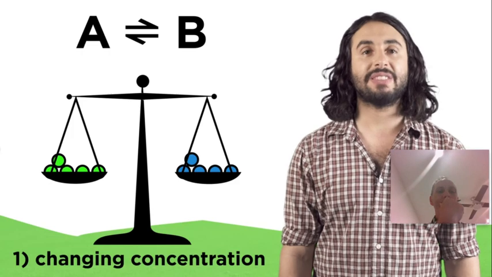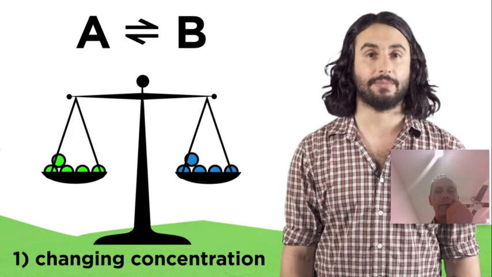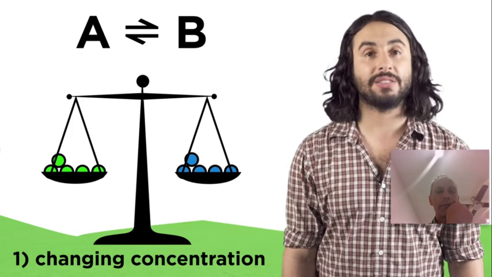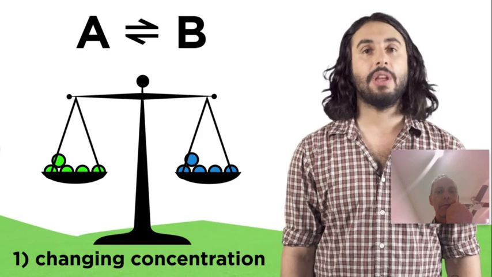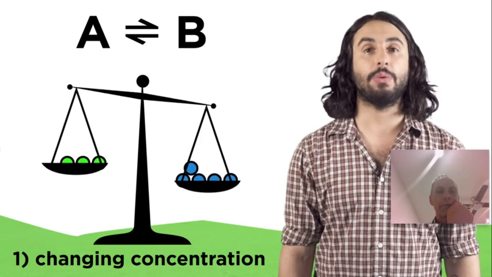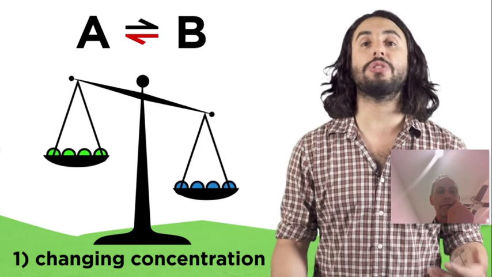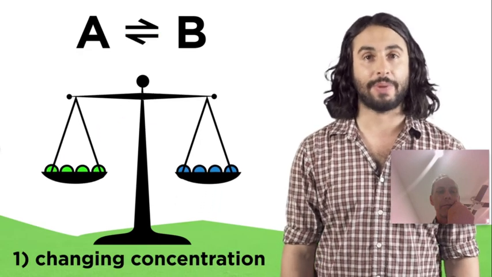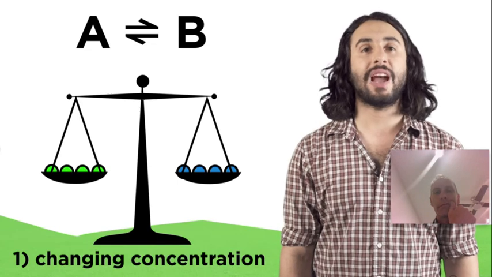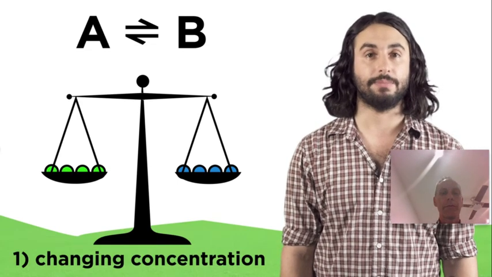The equilibrium is said to have shifted right. If we add more products, it would shift left. Likewise, if we selectively remove one of the components, the equilibrium will shift to produce more of that species to restore balance. That is one type of stress we could put on a system.